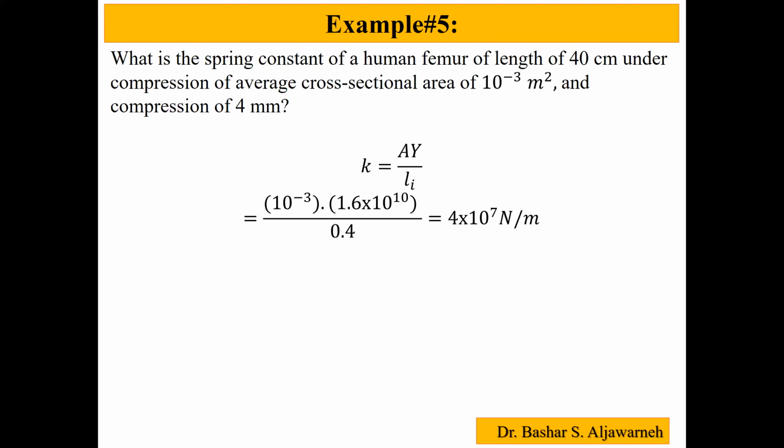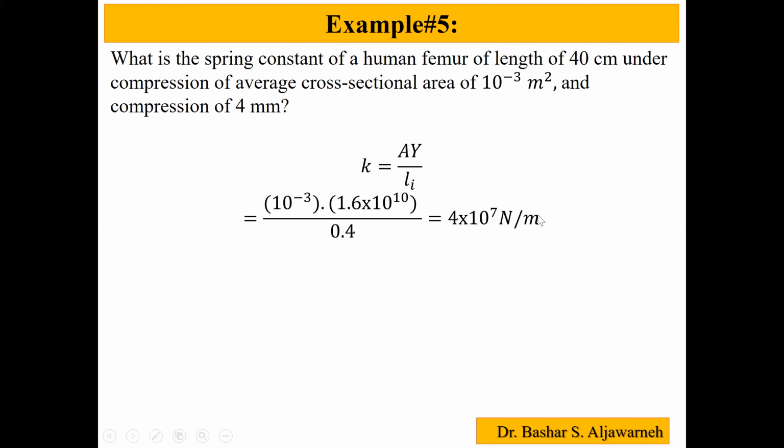Yeah, I forgot to add this one. Young modulus for the human femur, it's in your textbook, is 1.6 times 10 to the power 10. So from here, we can easily calculate the spring constant, which is 4 times 10 to the power 7 Newton per meter.